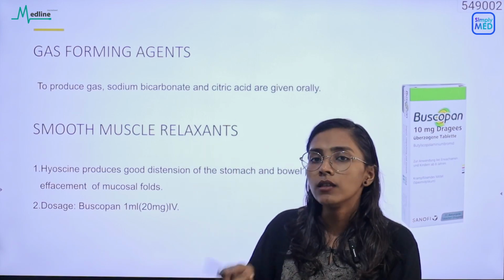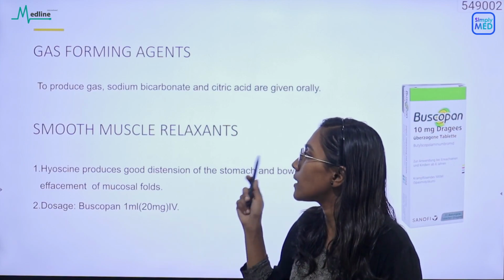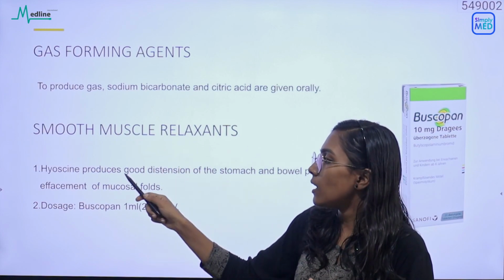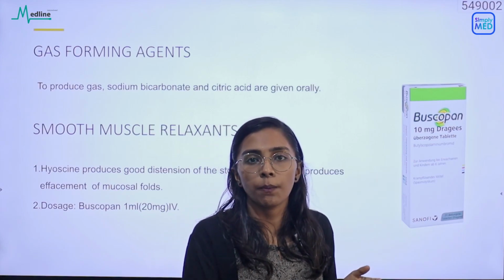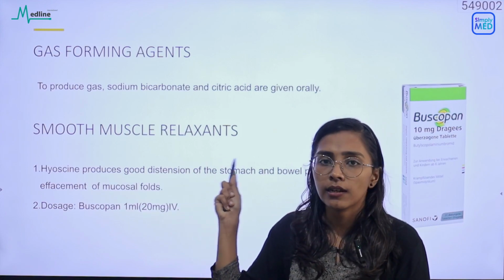Other than these two contrast agents, we also give another agent, a pharmacological agent, that is smooth muscle relaxants. You might have seen Buscopan tablets in the fluoroscopic room. So Buscopan tablets are smooth muscle relaxants.